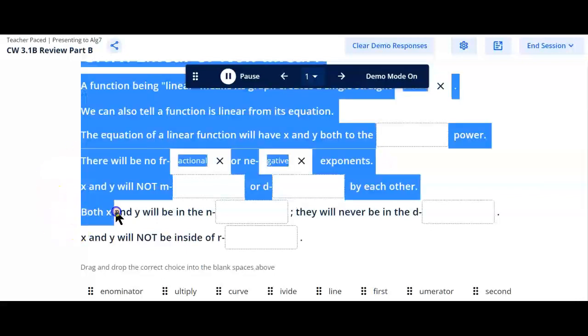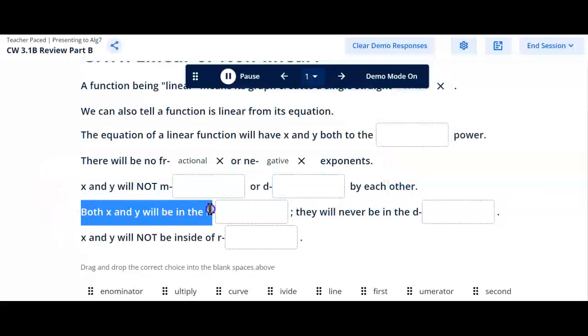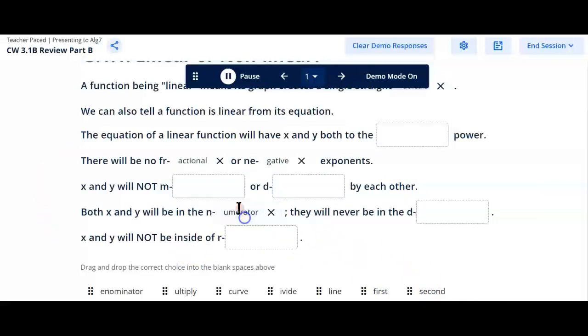And then coming down here, both x and y will be in the numerator. They will never be in the denominator. They will never be in the denominator.